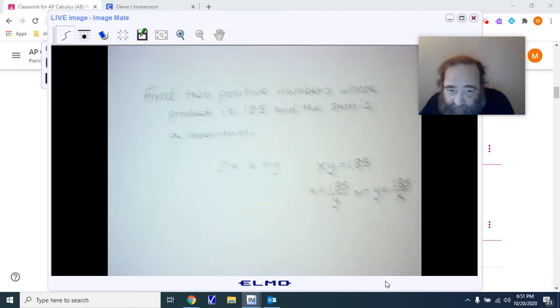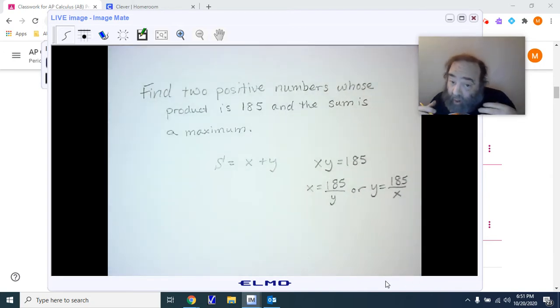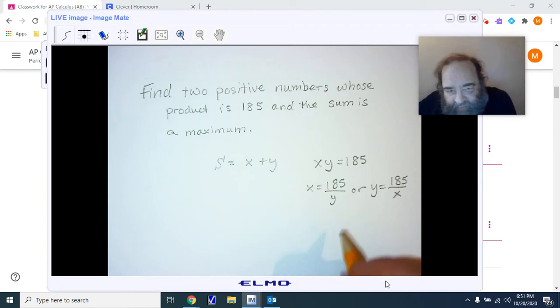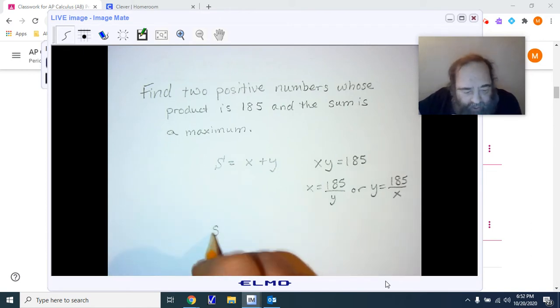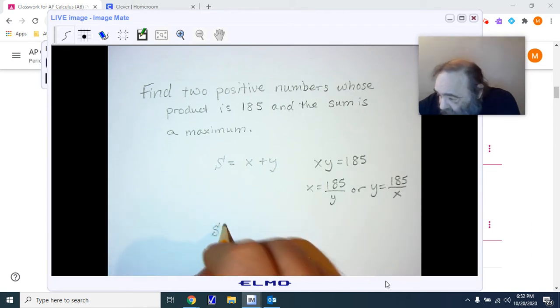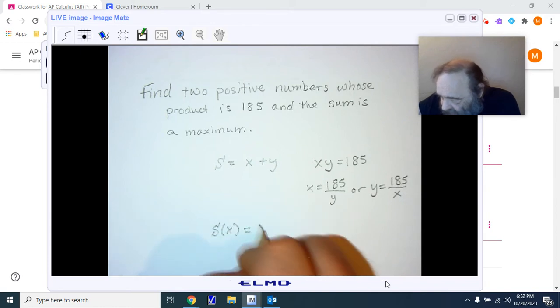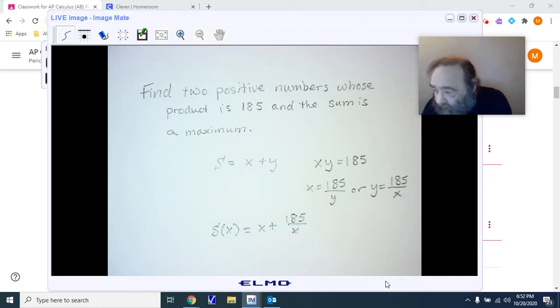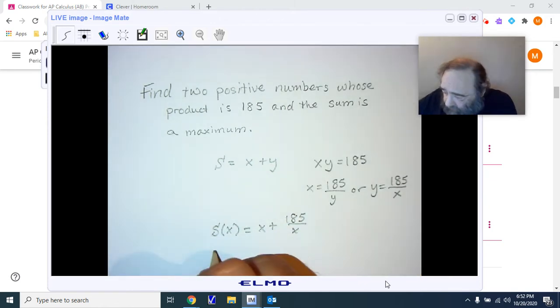Now I can clearly see based upon this that regardless of which one I solve for, I'm going to get the same answer. So in this problem, I'm going to turn everything into terms of x. So I'm calling this the sum in terms of x is now x plus my y, 185 divided by x. I need my derivative.